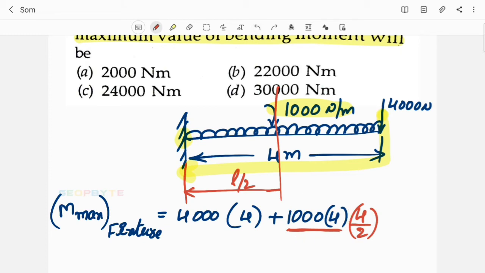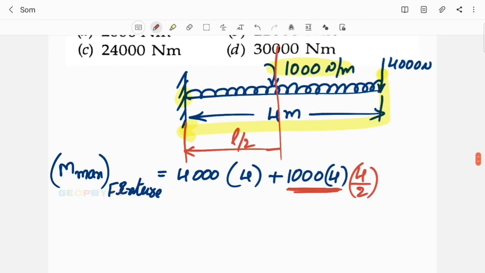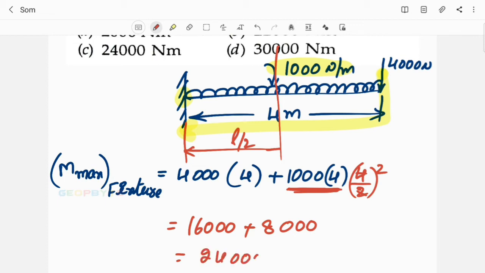Assuming that point load is acting at the middle, from the middle point up to the fixture, it is equal to 16,000 plus 4000 into 2, that is 8,000. It is equal to 24,000 Newton meter. That is the answer.